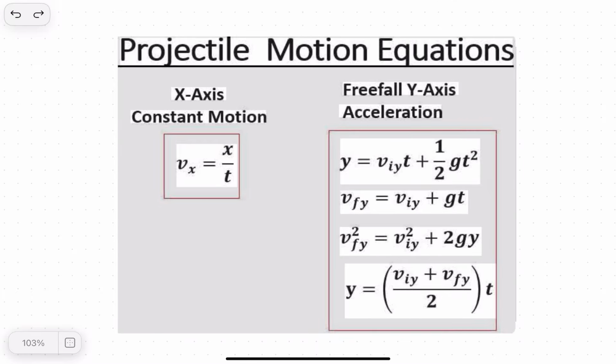Your initial y is based on how high you go in the beginning, and then you have time, and then you have gravity. Gravity can be positive or negative, depending on what you want to solve for.